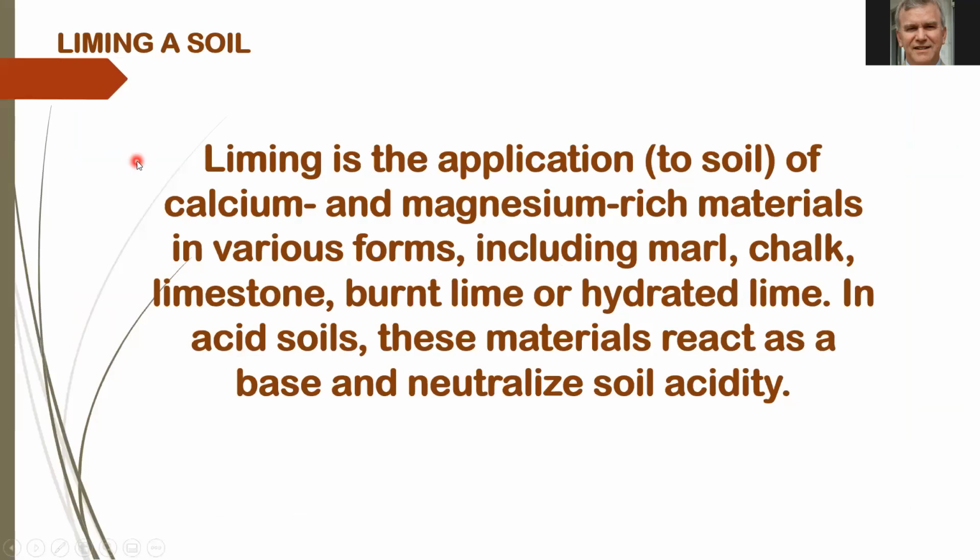Some people call this liming. Liming is the application to soil of calcium and magnesium rich materials in various forms, including marl, chalk, limestone, burnt lime, or hydrated lime. In acid soils, these materials react as a base and neutralize soil acidity.